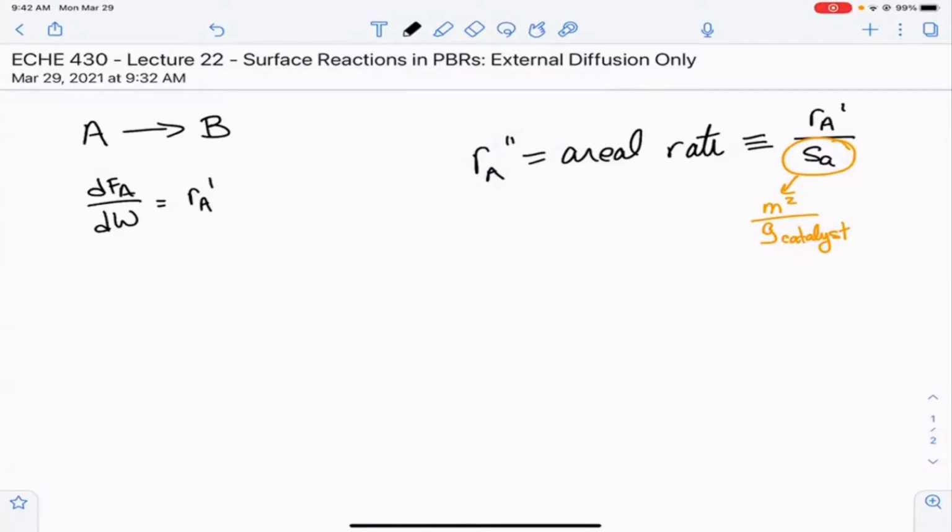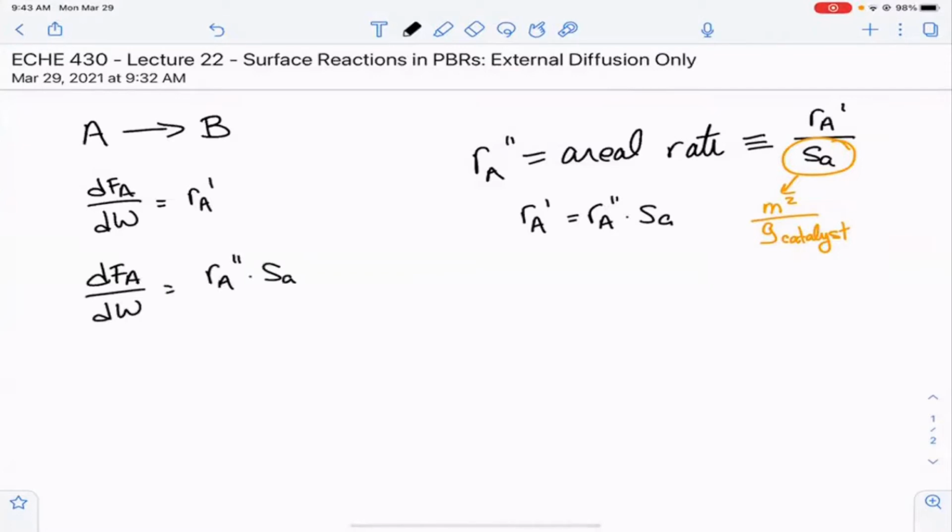And what this means, if we've defined r_A double prime, this areal reaction rate, as equal to r_A prime over the specific surface area, is that we should be able to substitute r_A prime in our equation to the left as simply the areal rate times the surface area. I'm going to go ahead and do that. So now we have dF_A/dW is equal to r_A double prime times the specific surface area.